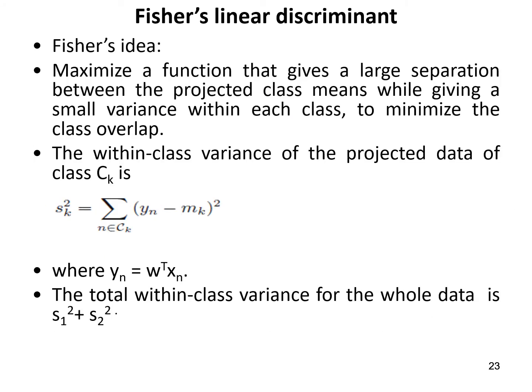Fisher's idea is to maximize a function that gives a large separation between the projected class means while giving a small variance within each class, and this will minimize the class overlap. The within class variance of the projected data of class Ck is given in the equation, where yn is the projected data and mk is the projected mean. The total within class variance for the whole data is s1 square plus s2 square because it's a two class problem.